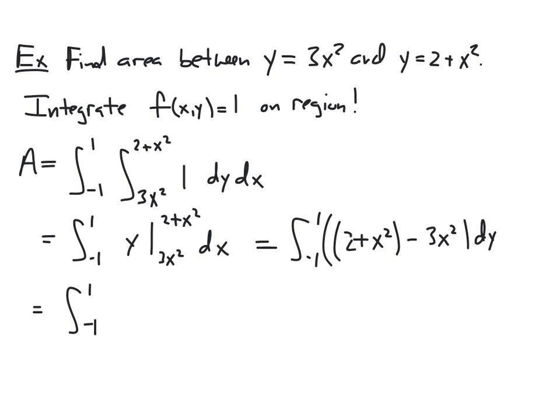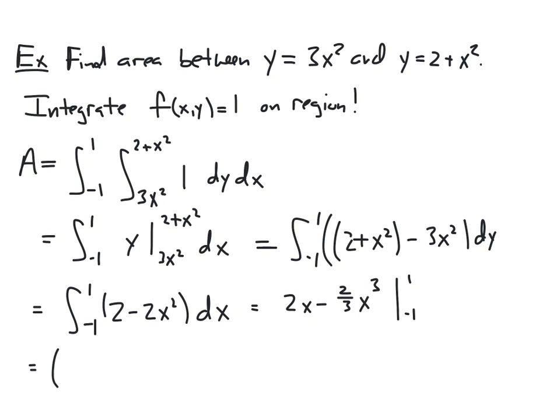And so we have the integral from -1 to 1 of 2 minus 2x squared, so we have 2x minus 2/3 x cubed, evaluated from -1 to 1.